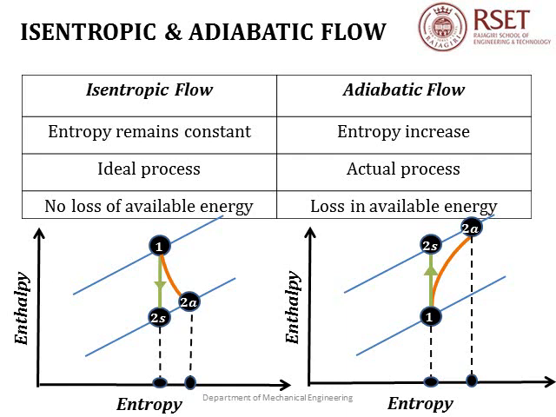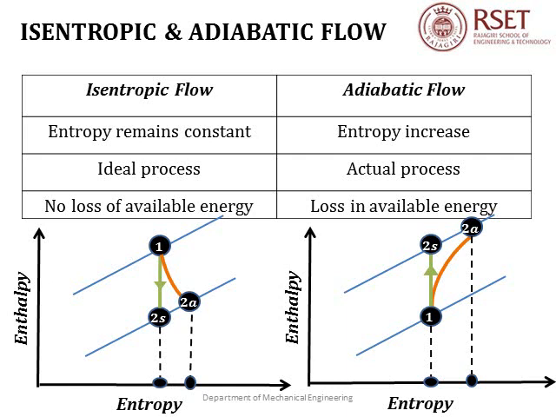One represents the starting point and two represents the end point. If it is an isentropic process, the flow proceeds from 1 to 2s, that is vertically downward. In this case, the entropy remains constant.